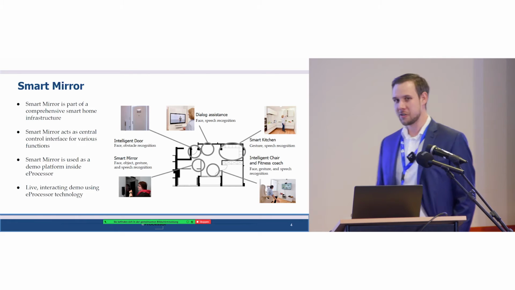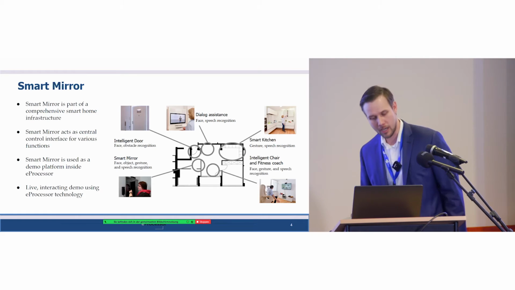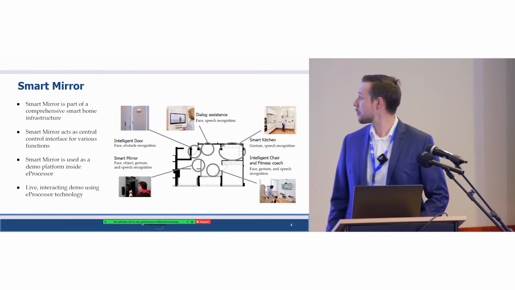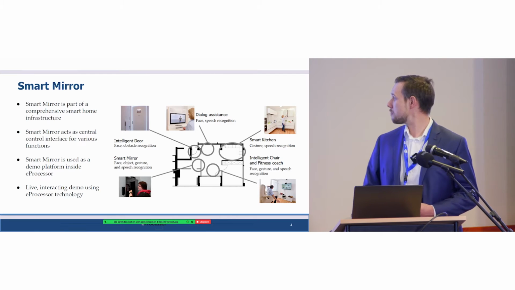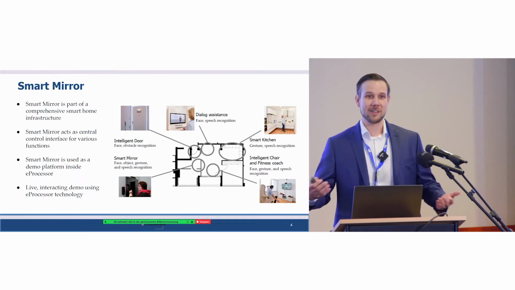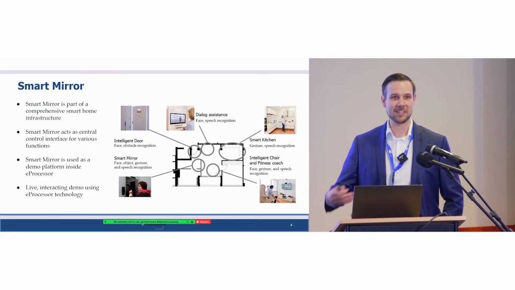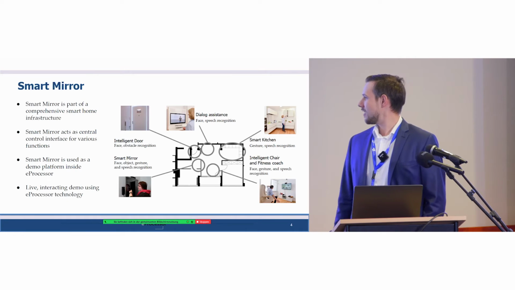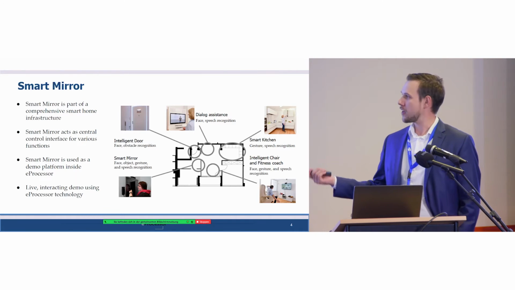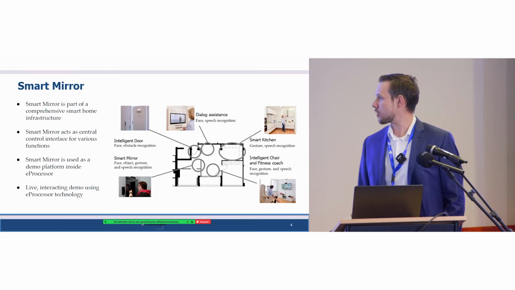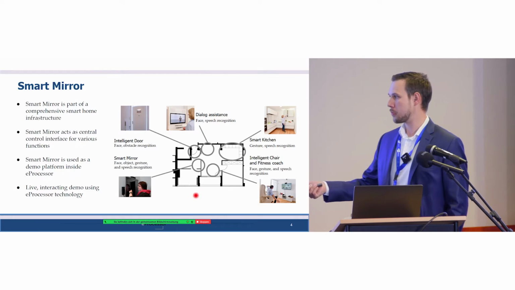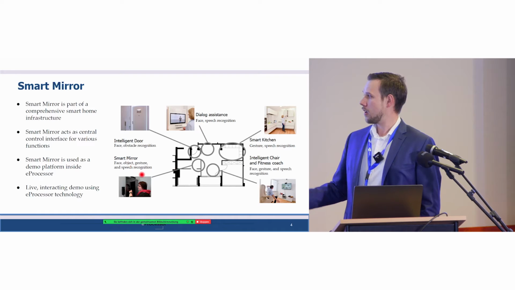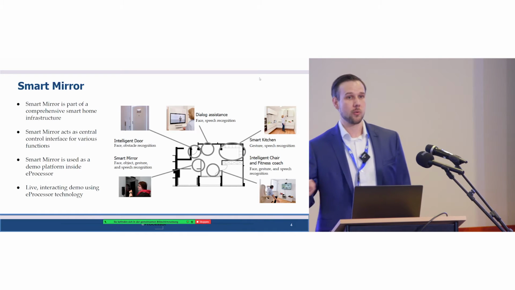We also have an intelligent chair for older people to get help while standing up, and to do some exercises while watching TV. Maybe we should get a call that we are sitting too long and get some movement going on. All of that is integrated in the smart apartment, and the smart mirror is our central input-output device, and we would like to use the eProcessor with it.